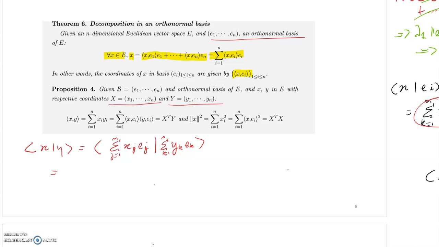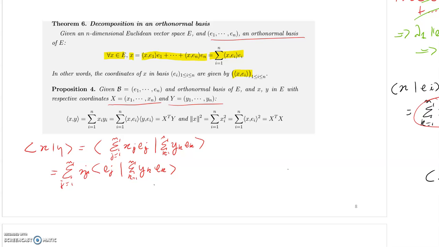Linearity for the first one gives the sum over j equals 1 to n of xj, with ej and the sum of yk ek, k equals 1 to n.